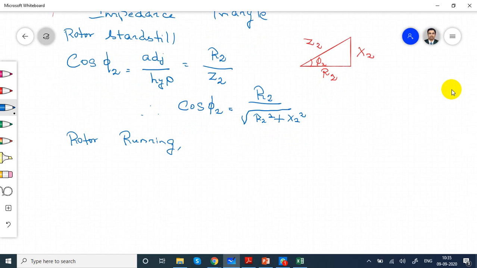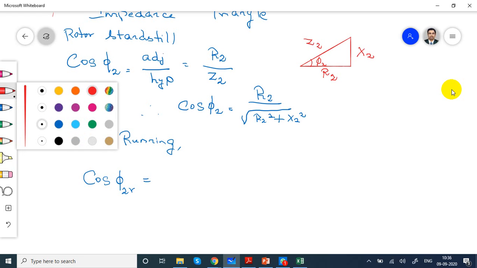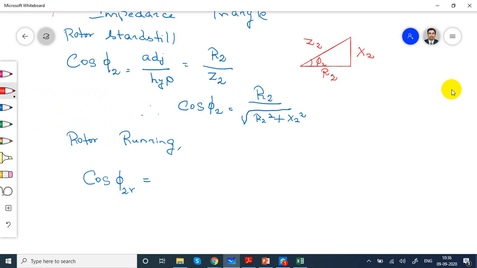Rotor during running. What is the running condition? Same, cos phi 2R. Again we have to draw the impedance triangle. How to draw the impedance triangle?